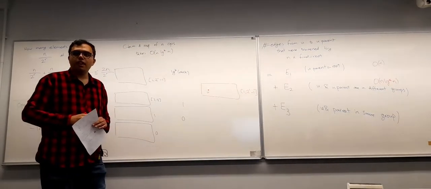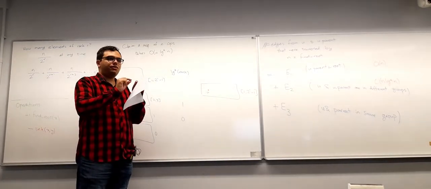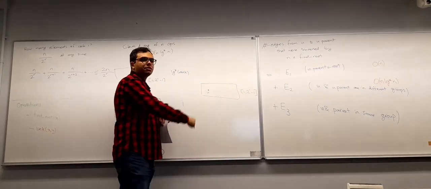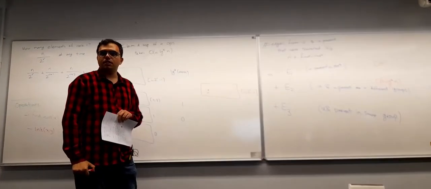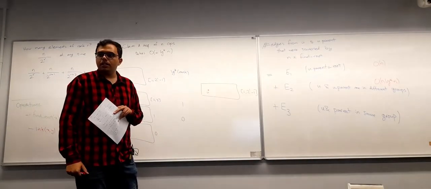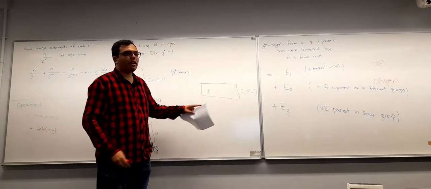I want to see how many times I can traverse the edge between u and its parent while remaining in the same group. And of course, I'm also assuming that the parent is not the root. So in other words, how many times can I change the parent of u?